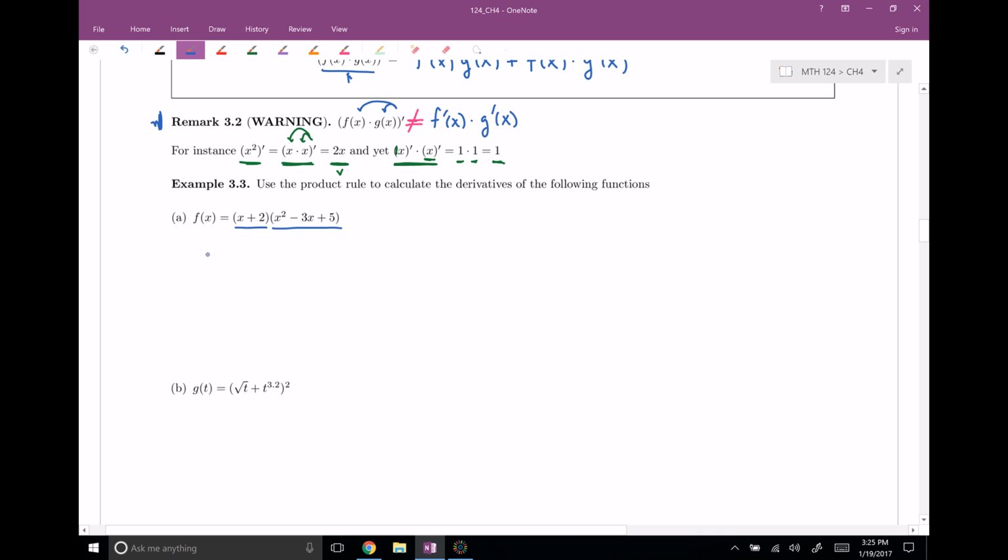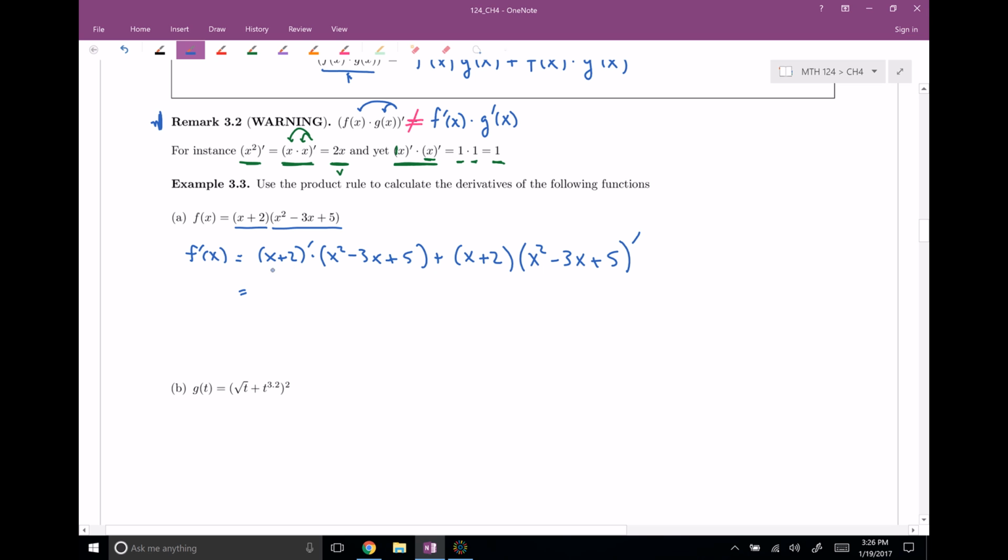So I'm going to say that f prime of x is equal to the derivative of the first, so x plus 2 prime, times the second, and you leave it alone, plus the first, leave it alone, times the derivative of the second, x squared minus 3x plus 5, take the derivative of that. So let's go ahead and calculate these things out.